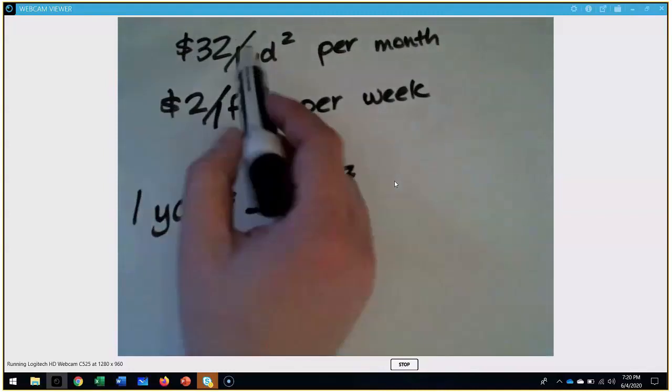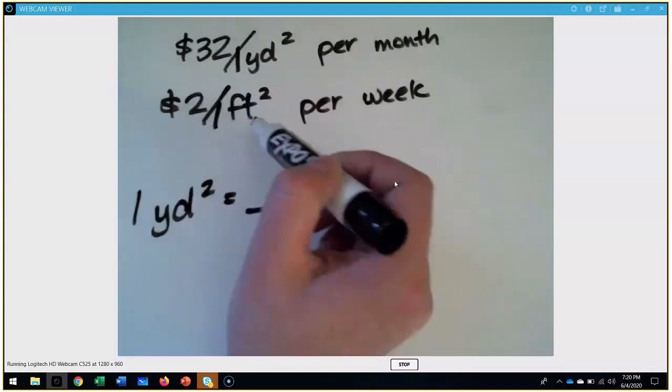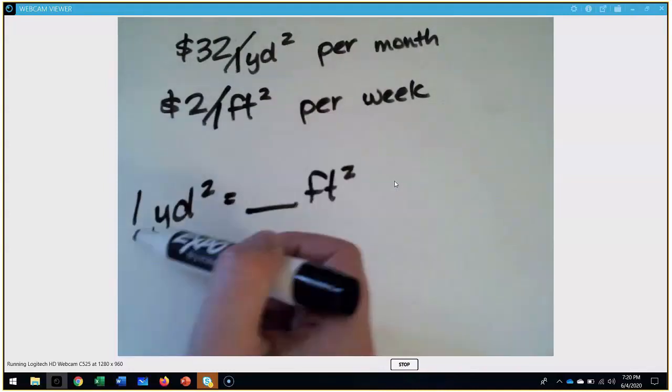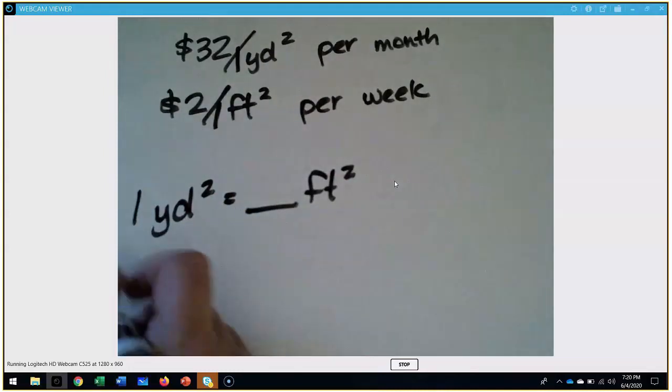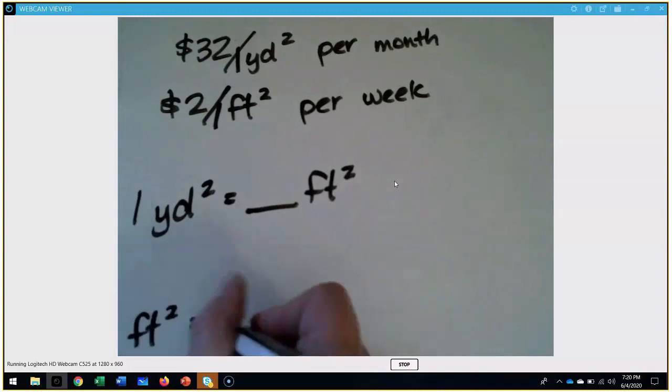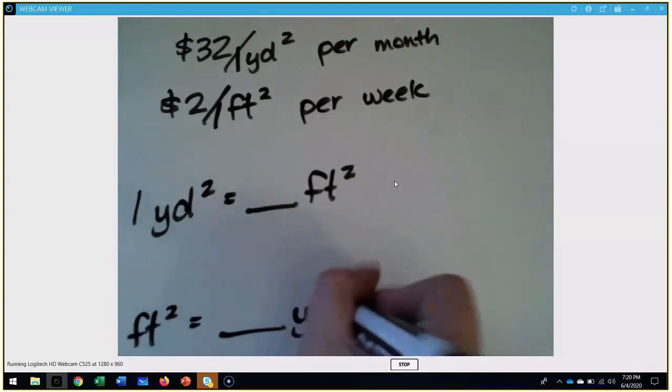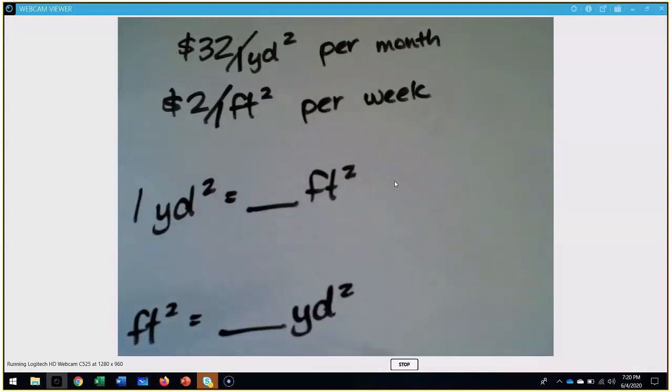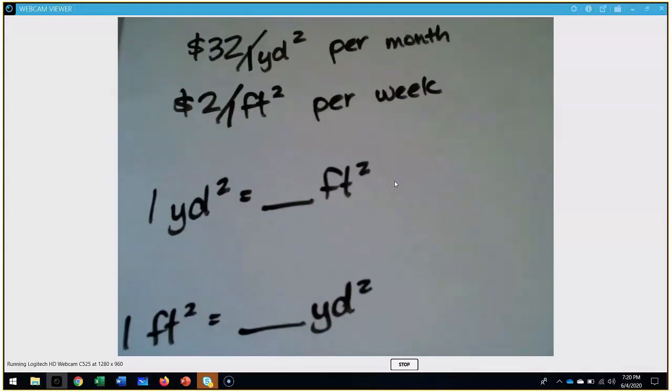We're going to either need to change our square yards to square feet, or change our square feet to square yards. One or the other, but they have to match. So in order for me to decide what I would rather do, I'm going to look up the conversion from last week and see what I can find. Where did I put that? Here we go.